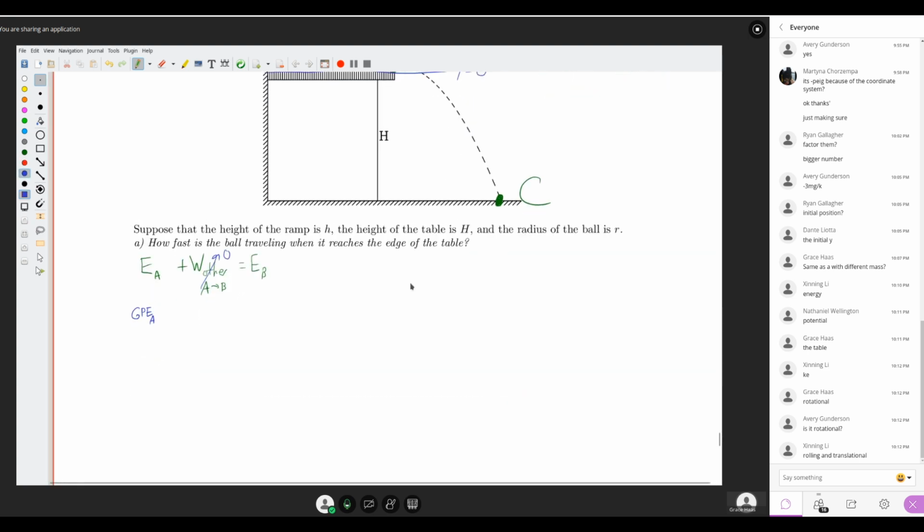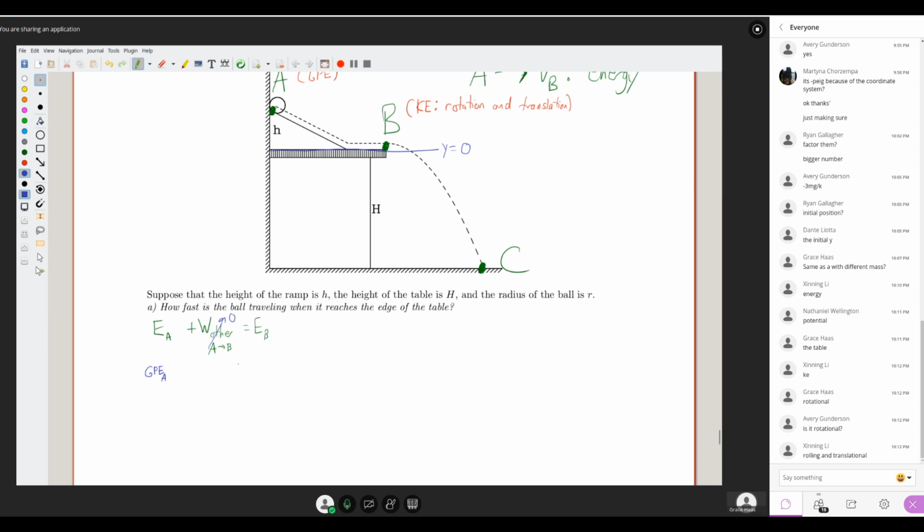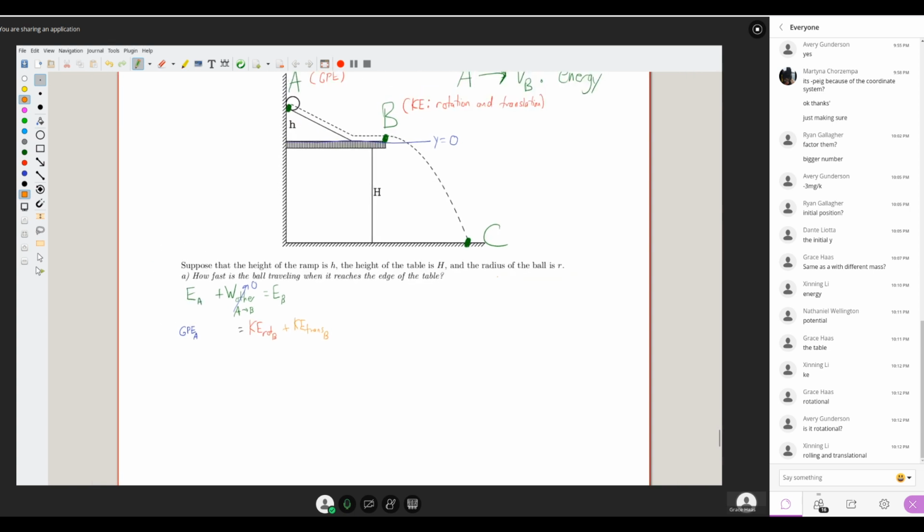So we have gravitational potential energy at A, and this is equal to the sum of rotational and translational energy at B. The gravitational potential energy at A is just mgh because of where you chose your coordinates.